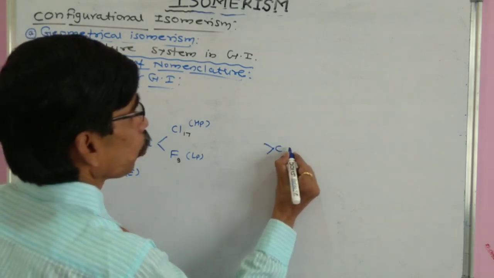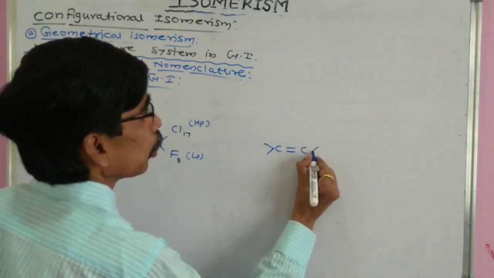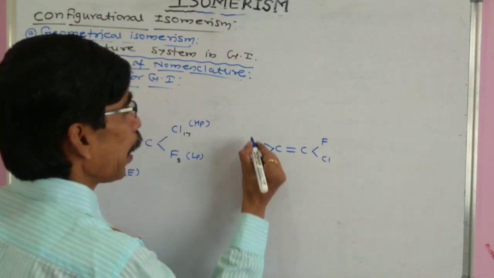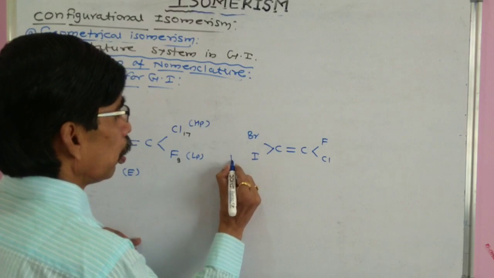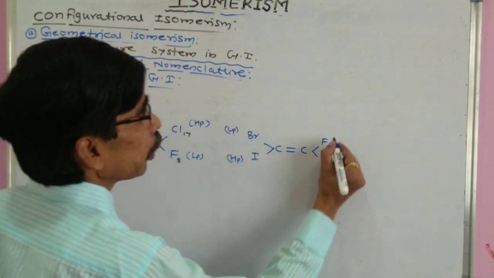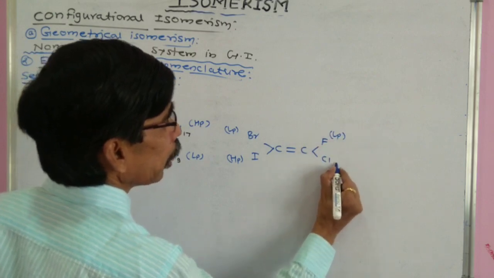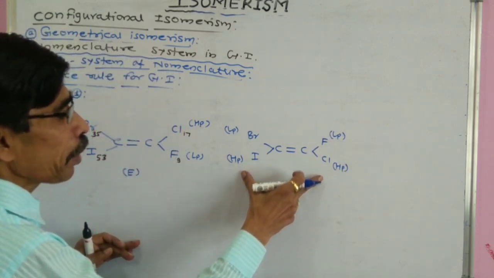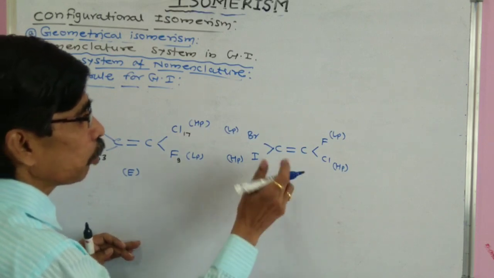Now, this C double bond C, this is the F, Cl, this I, and this Br. Now, this I having higher priority, this Br having lower priority, this having lower priority, and this having the higher priority. Now, in this example, their higher priority groups are on the same side of the double bond.